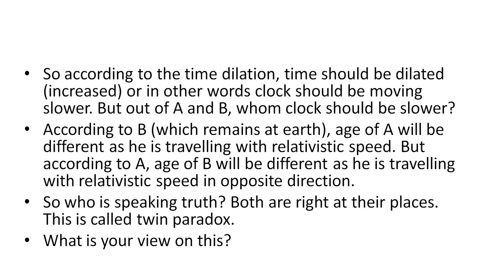So according to B, who remains at earth, the age of A will be different as he is traveling with relativistic speed, but according to A, the age of B will be different as he is traveling with relativistic speed in the opposite direction. So who is speaking the truth?